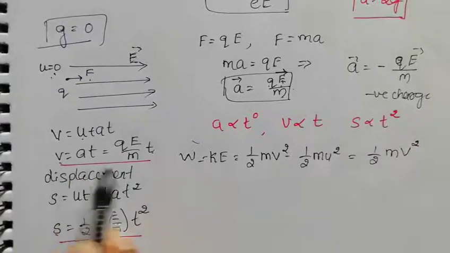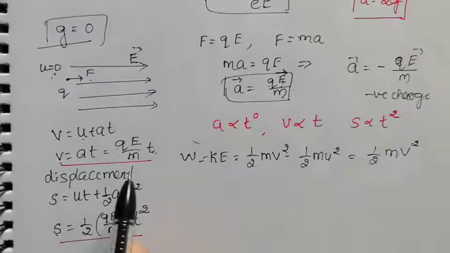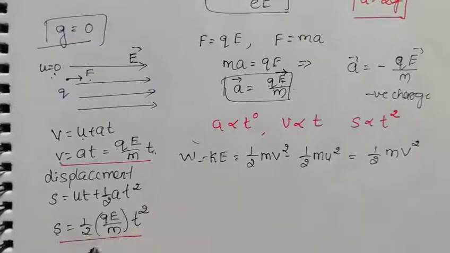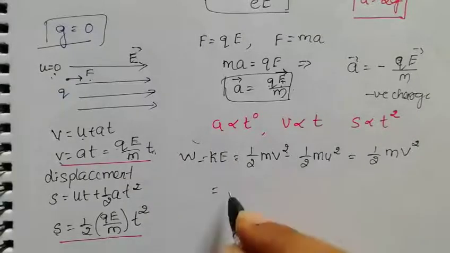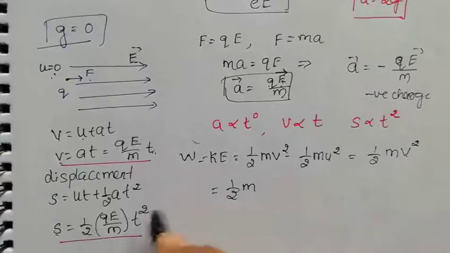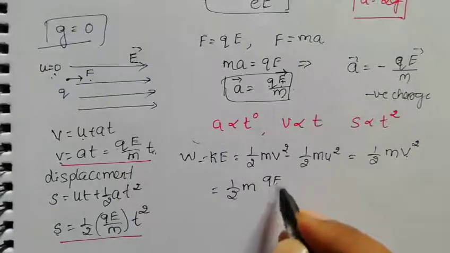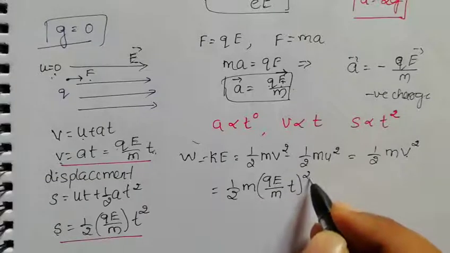What did we get as the final velocity? Q E by m into t. We can also do this using the equation v square minus u square equal to 2as. So put the value now. It will become 1 by 2, mass is m, where v is Q E by m into t, and its square.